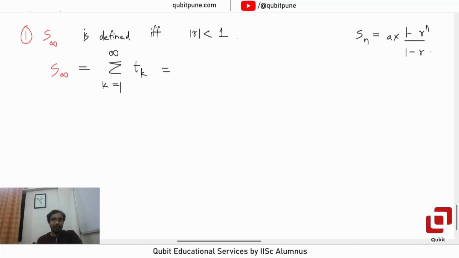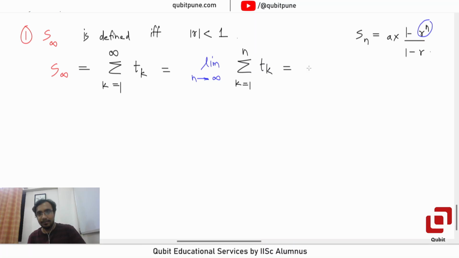In this formula, this term becomes so small for larger and larger values of n, because the common ratio's absolute value is less than 1, that in the limiting case we can ignore it, because its contribution becomes smaller and smaller. So this is equal to a into 1 upon 1 minus r. Is it clear now?